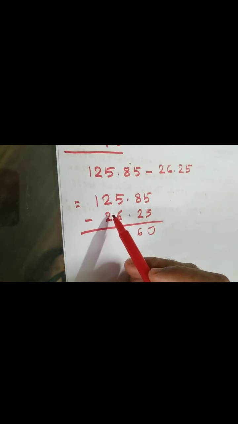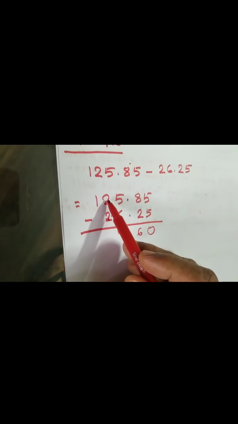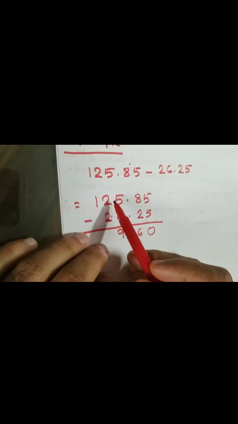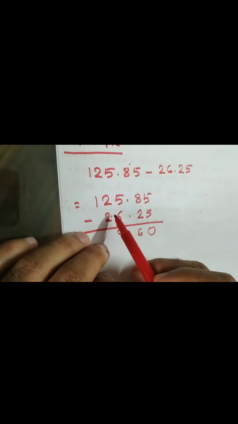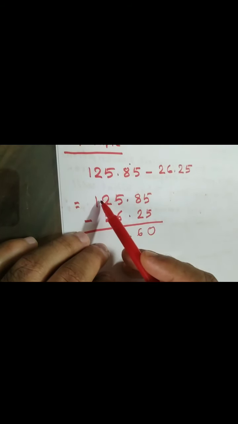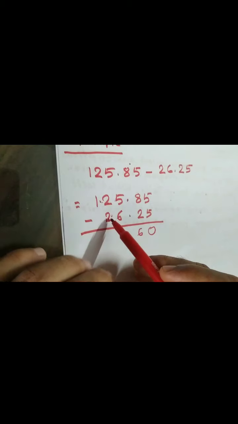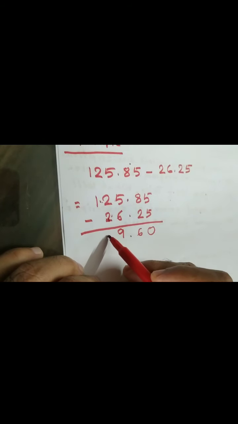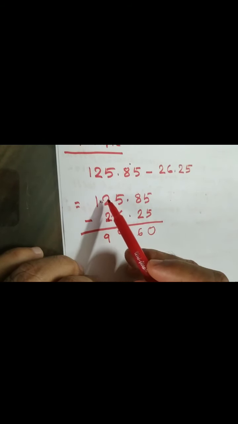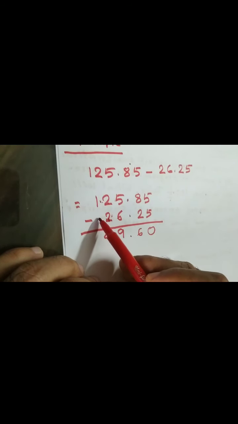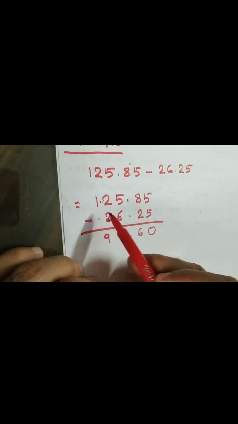If this becomes 3, there is still 2. But can I subtract 3 from 2? No. So I have to assume that there is 1 beside it. So if there is 1 beside it, what does it become? 12. 12 minus 3 gives me how much? Again, it gives me 9. Now since I have placed 1 behind 2, I have to add 1 here to this spot.